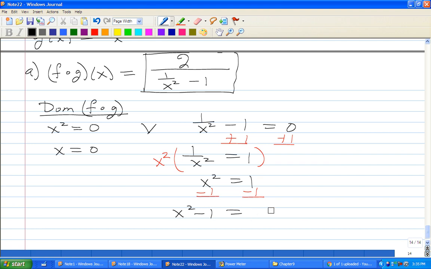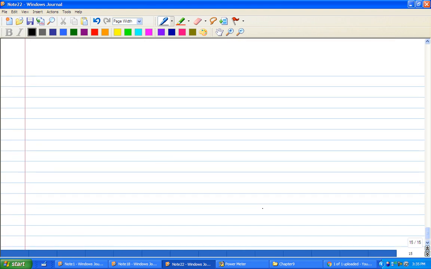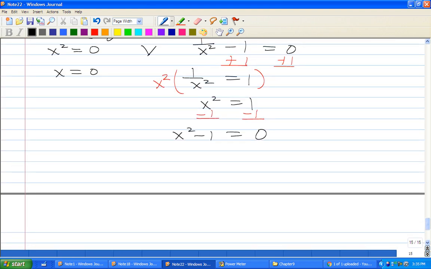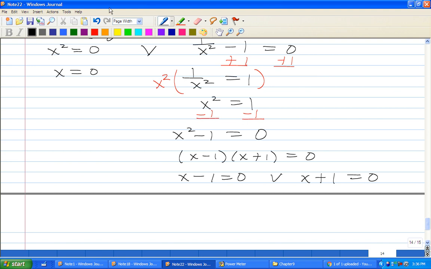This is a special product formula, so I can factor this as a difference of squares. The product of the sum and difference of two terms is the difference of squares. So x minus 1, x plus 1 equals 0. Set each factor to 0 and solve for x. So adding 1 to both sides, subtracting 1 from both sides, I get x is equal to 1 or x is equal to negative 1.